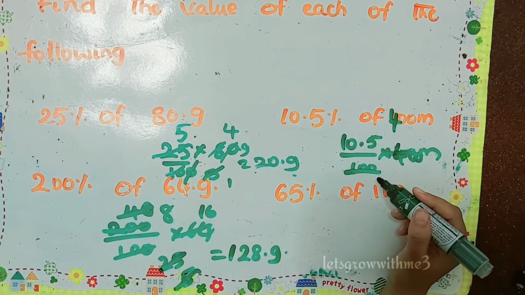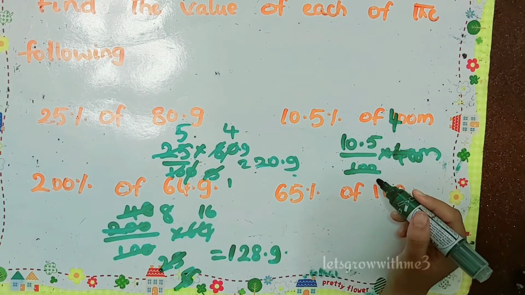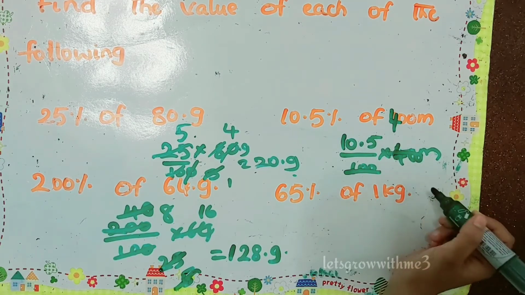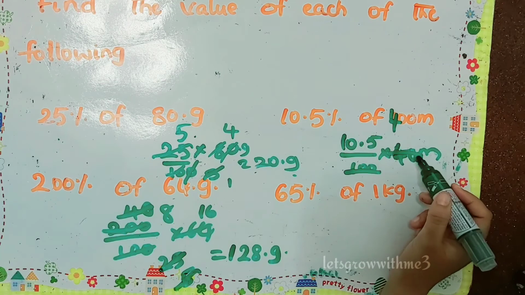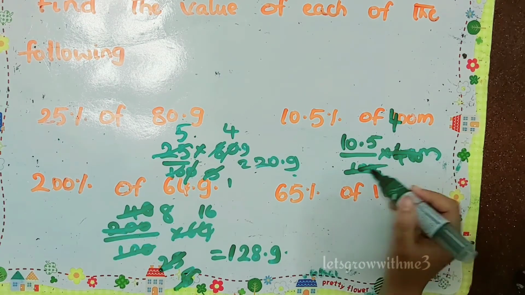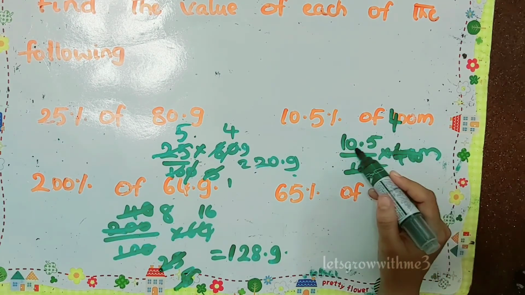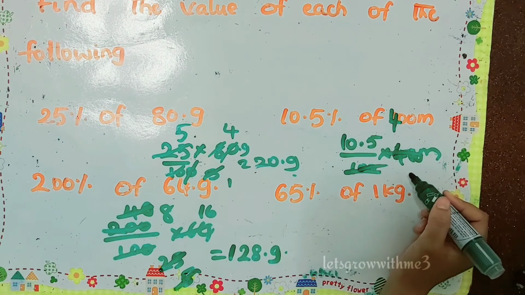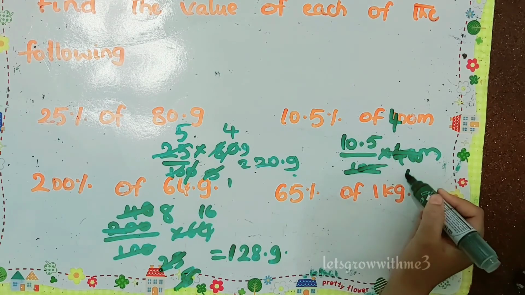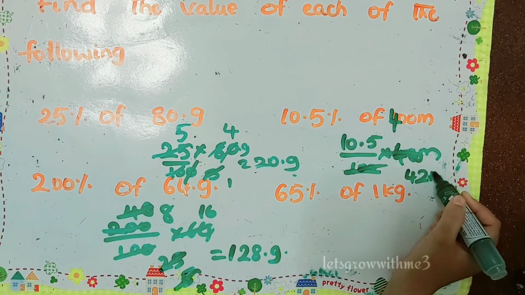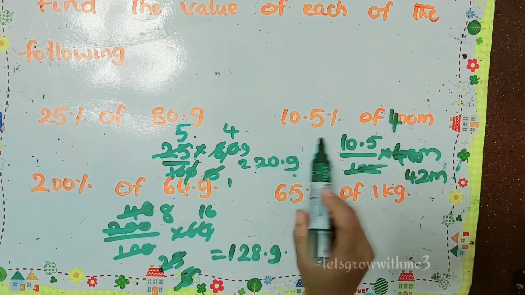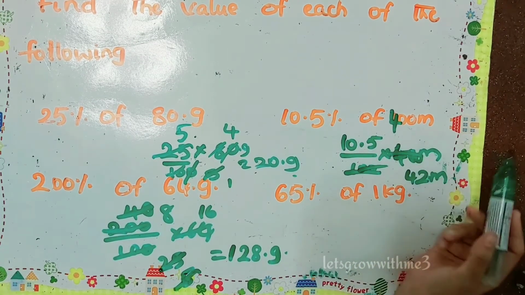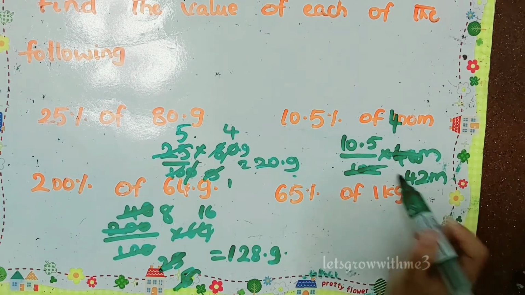So then 10.5 times 4. So what's the value? 10.5 times 4 means 10 4s are 40, 0.5 4s means 2. So 40 plus 2, which is equal to 42 meters. Okay, so 10.5 percentage of 400 meters is 42 meters.